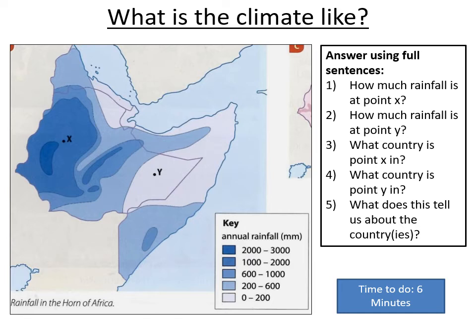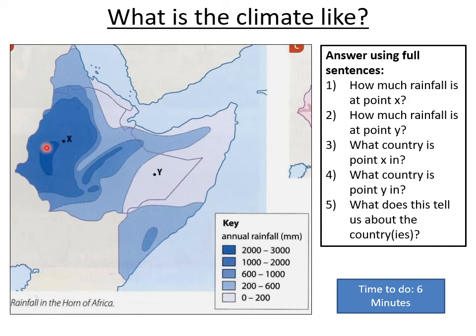And actually, I'm going to use a tool here. If I just get up a pointer, so hopefully you can see that laser pointer. If you look at this color here, that I'm highlighting with the laser pointer now, this is the 0 to 200. We then move slightly darker. We're in the 200 to 600. We move slightly darker. We're in the 600 to 1000. We move slightly darker, both here and here, and we're in the 1000 to 2000.